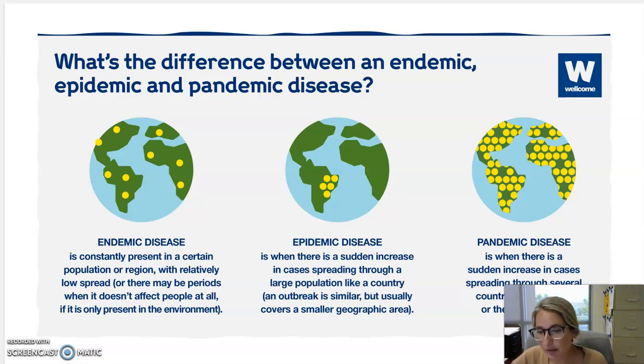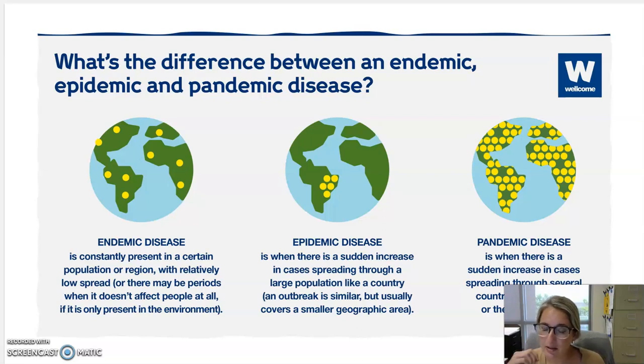Now, if one year we all of a sudden see a huge peak in the incidence rate, so there's a huge increase in the number of new cases, then it becomes an epidemic. So if we have 1,000 cases of Lyme disease in 2021 and 2022, and then in 2023 we have 1 million cases of Lyme disease in the United States, then that year, 2023, Lyme disease would be epidemic.